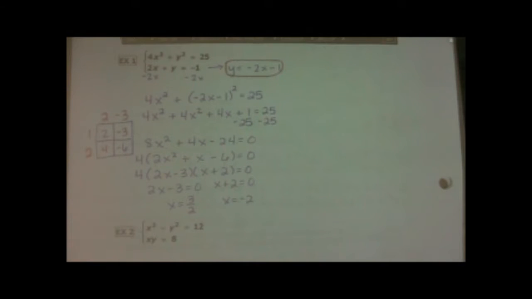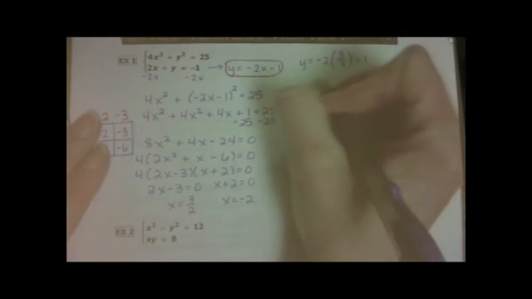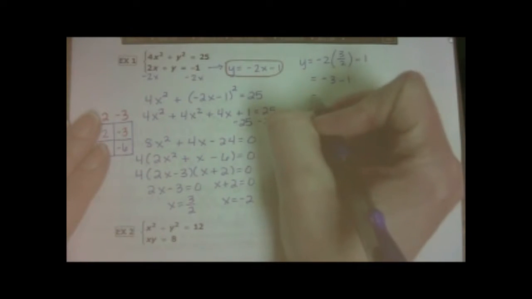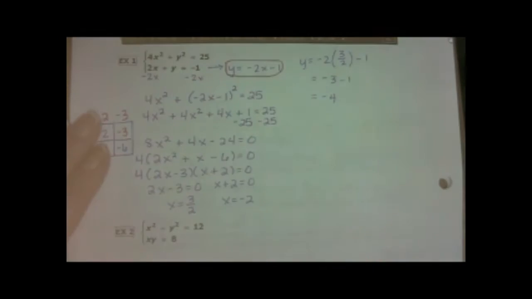All right? And I'm going to plug in my x's, and we'll calculate our y's. So I've got y equals negative 2 times 3 halves minus 1 equals negative 3 minus 1 equals negative 4.